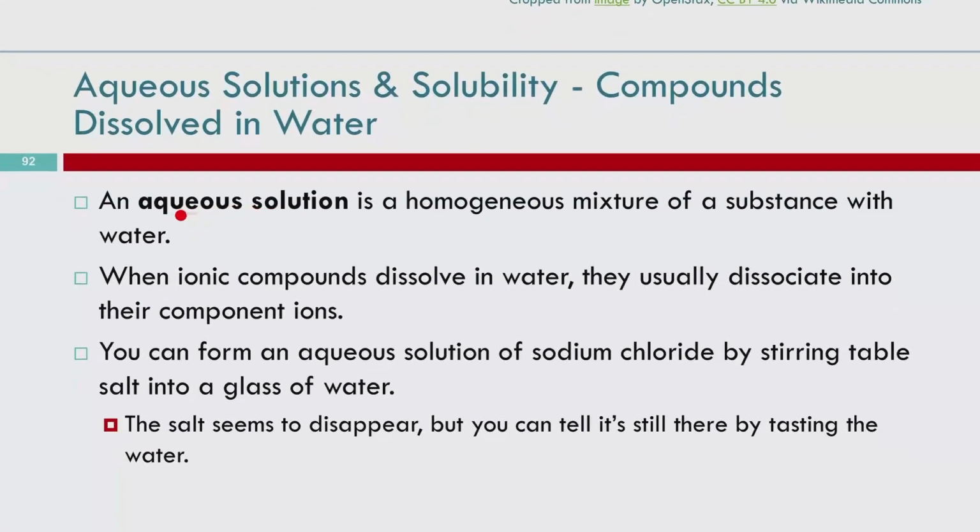So our aqueous solutions are homogeneous mixtures. The solution part means that it's a homogeneous mixture of a substance. The aqueous part is referring to the water. Aqueous is water, the solution part, a homogeneous mixture of a substance.